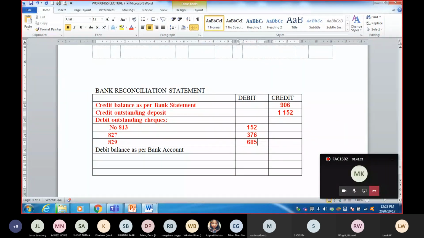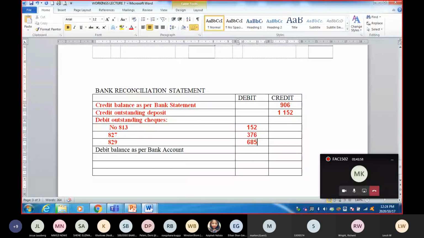So let me just summarize this now. As far as our outstanding checks is concerned, we had 2 outstanding checks from the previous month. One was a stale check, so we cancelled that with an entry in the cash receipts journal. The other check, check number 813, is still outstanding, so you will include that now in your bank reconciliation statement, outstanding checks from last month, because remember, a check is valid for 6 months.